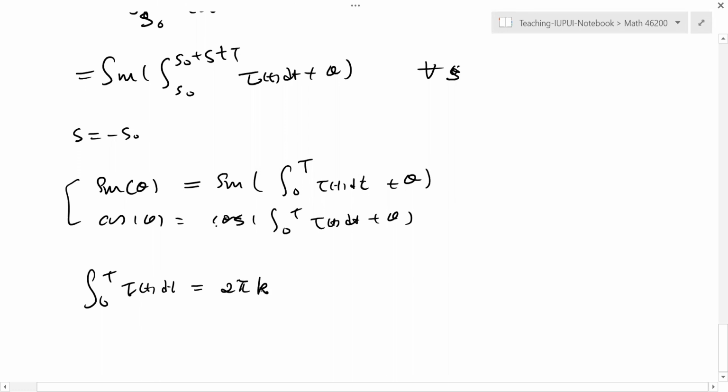Yes or no? By periodic function, the total torsion is also a multiple of 2 pi k.